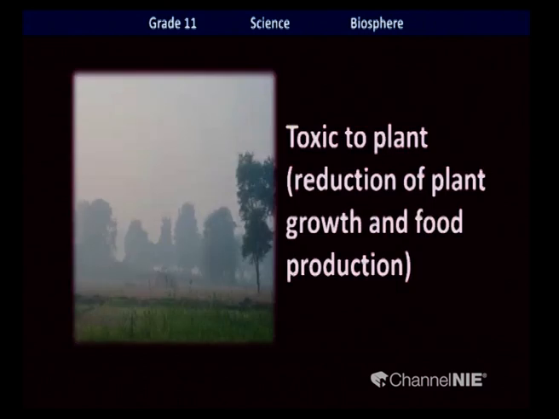Next one, toxic to plants. These chemicals can affect the plant leaves and reduce the growth of the plant and food production. Therefore indirectly photochemical smog will affect world food production, which can lead to a food crisis in the world.